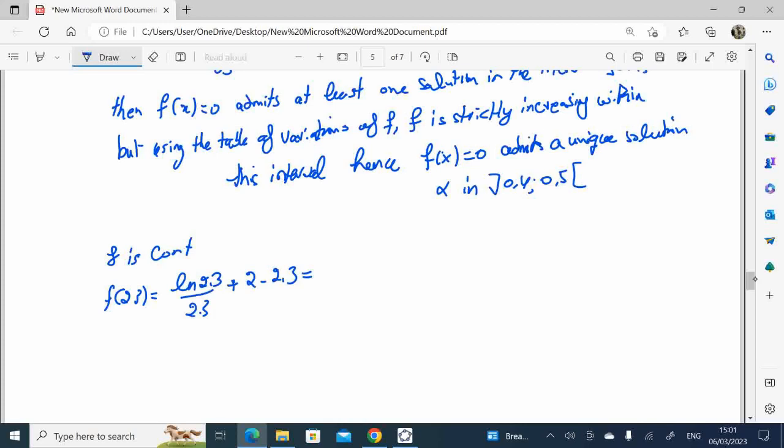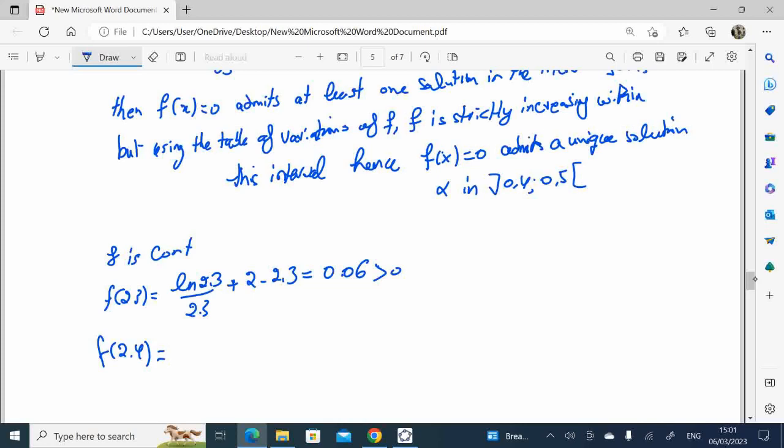We got ln 2.3 divided by 2.3 plus 2 minus 2.3, which is equal to 0.06, which is positive, and f of 2.4 should be negative.